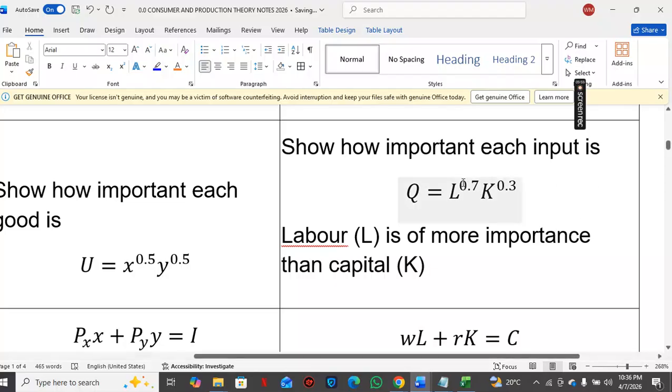If you see something like this, labor is 0.7 and capital is 0.3.